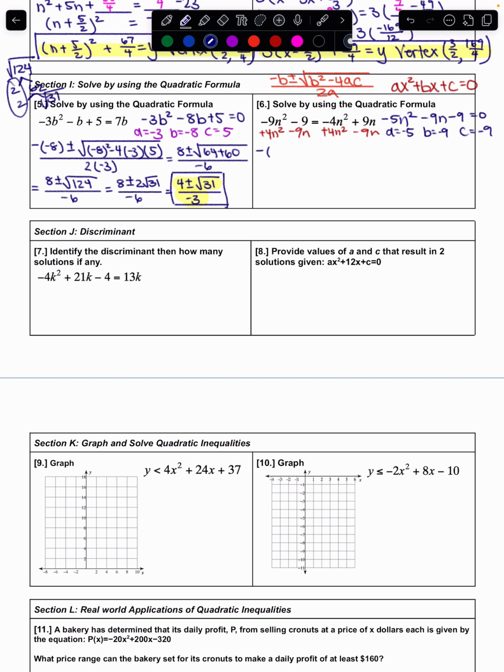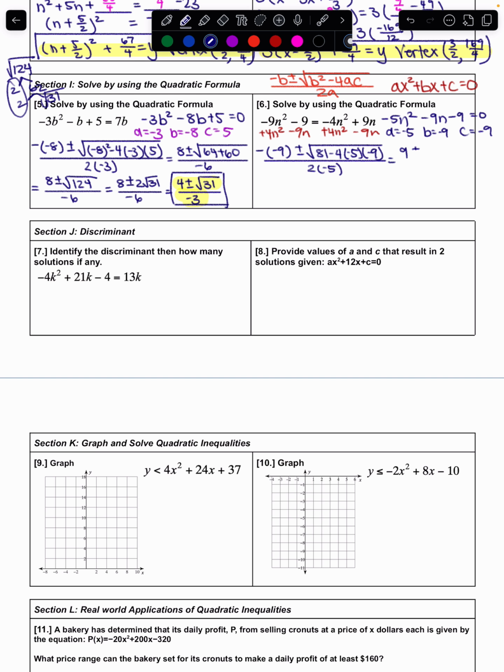We have the opposite of b, which is negative 9, plus or minus the square root of negative 9 times negative 9, which is 81, minus 4, a is negative 5, c is negative 9, all over 2a.